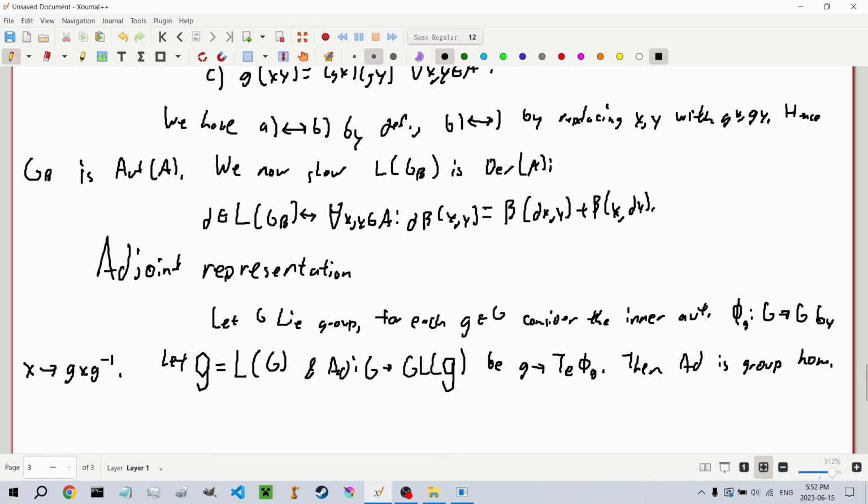And we will see that it is analytic. So we consider its algebra version.